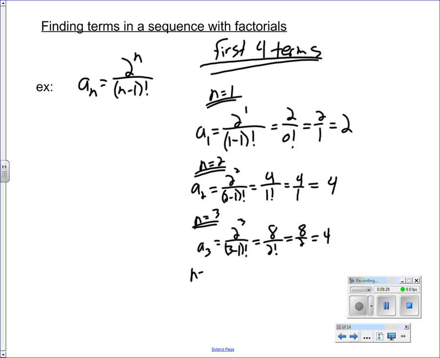And then the fourth term, 2 to the fourth over 4 minus 1 factorial be 16 over 3 factorial. 16 over 3 times 2 times 1. Right, so our 2 and 16 cancel out as 8 and 1. So I end up with 8 over 3.